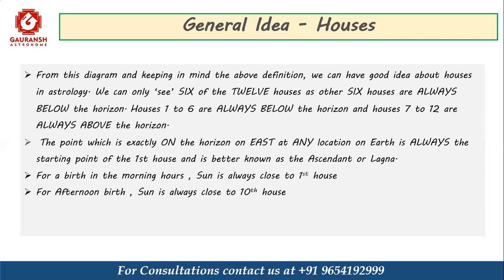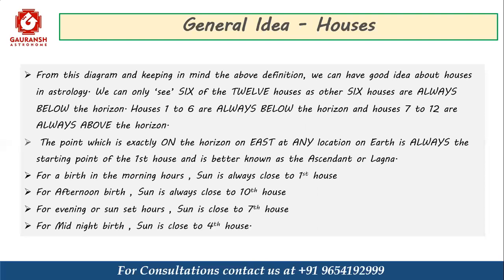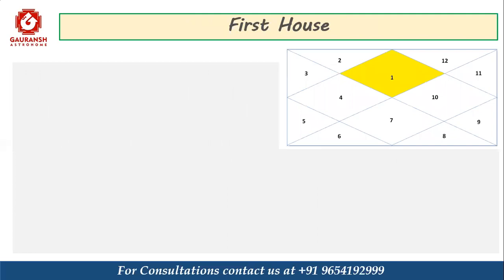For afternoon, the sun is close to the 10th house. For evening birth, the sun is close to the 7th house, and for midnight birth, the sun is close to the 4th house. So we'll be starting off with the houses today.